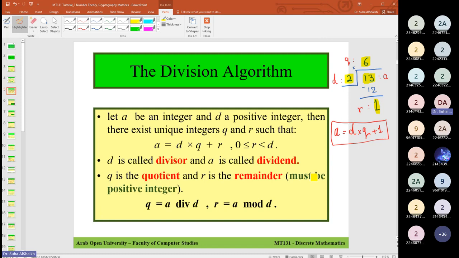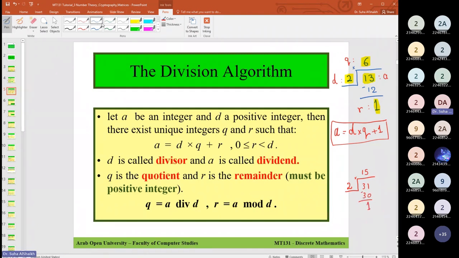Now, for example, if I have 31 and I'm dividing it by 2, what will be the result? Use your calculator. Divide 31 by 2. What's the result? 15.5. The 0.5 comes from the remainder, so I'm going to take the 15 as the result, the quotient. We multiply 15 by 2 and get 30, so the remainder is 1. Right or not?